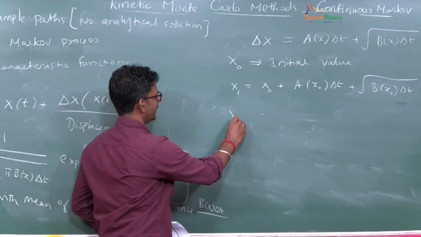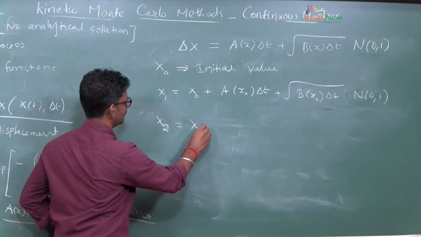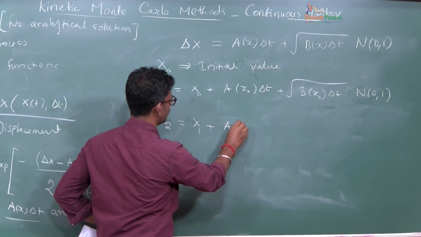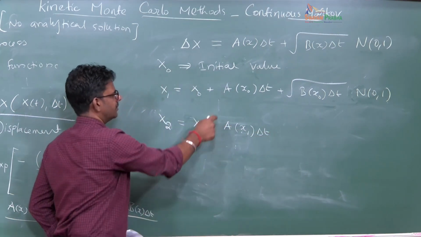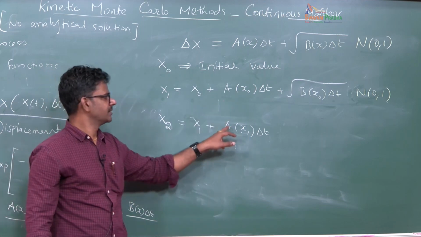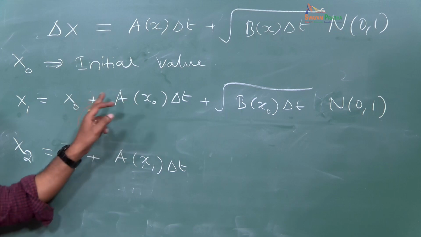And then you can go to the next time step, x2, that would be equal to x1 plus again a of x1 delta t. If the function a depends on x, then this quantity will keep changing because it depends on the current value of x.